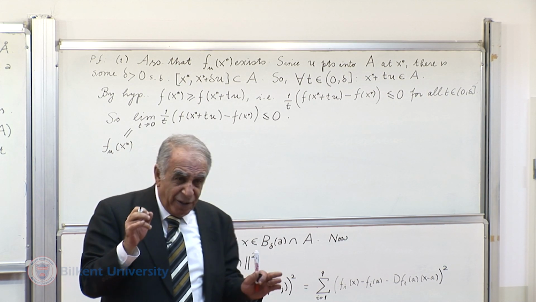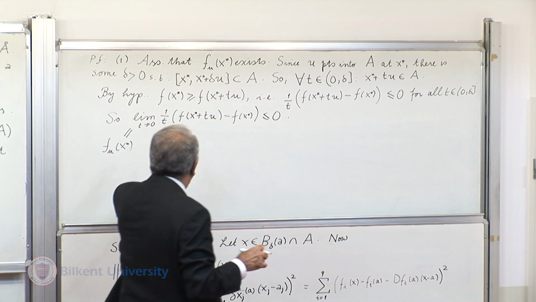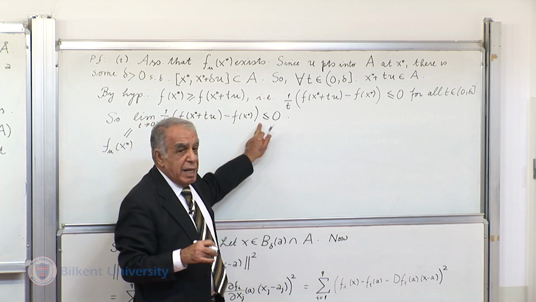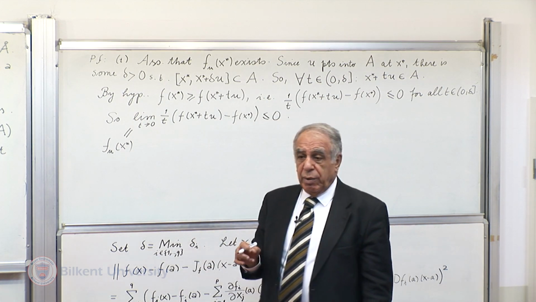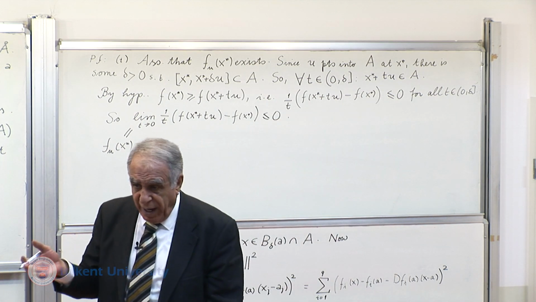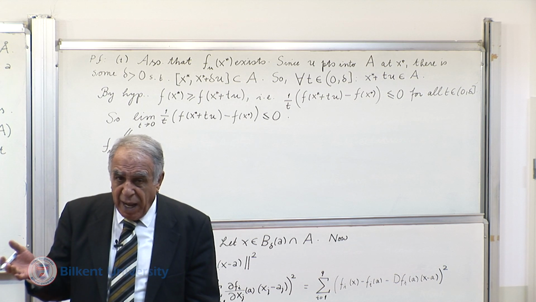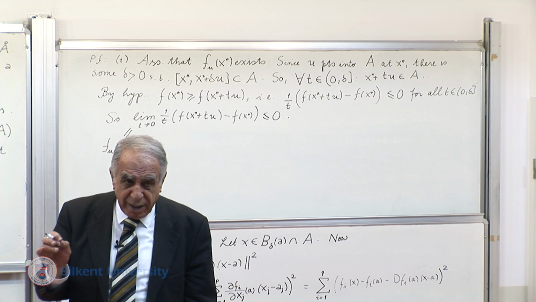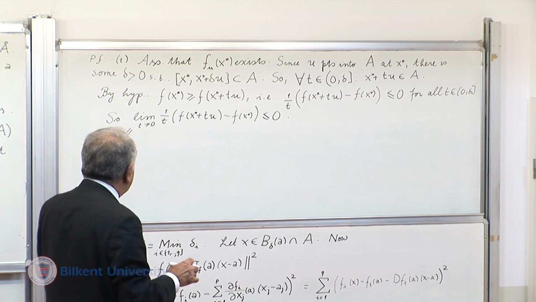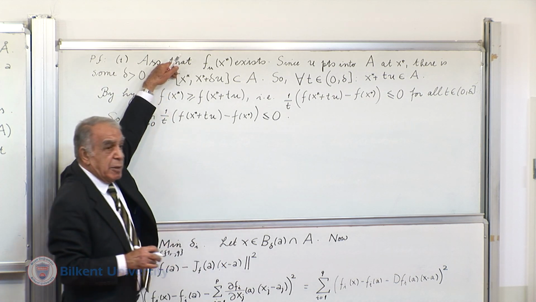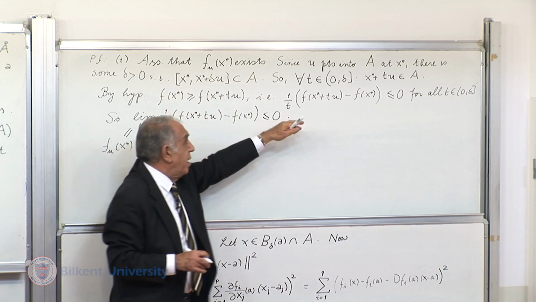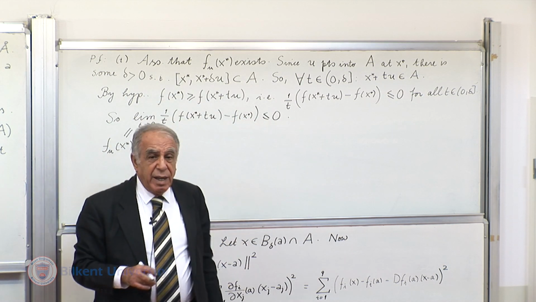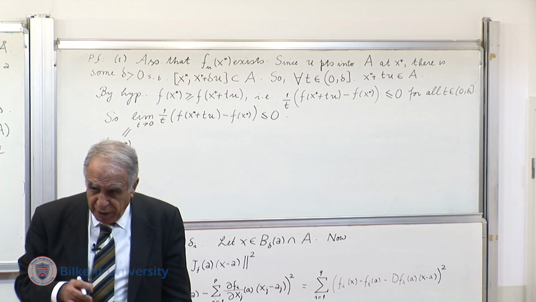But the existence of the limit is explicitly given to us. This just tells us what inequality the limit should obey.